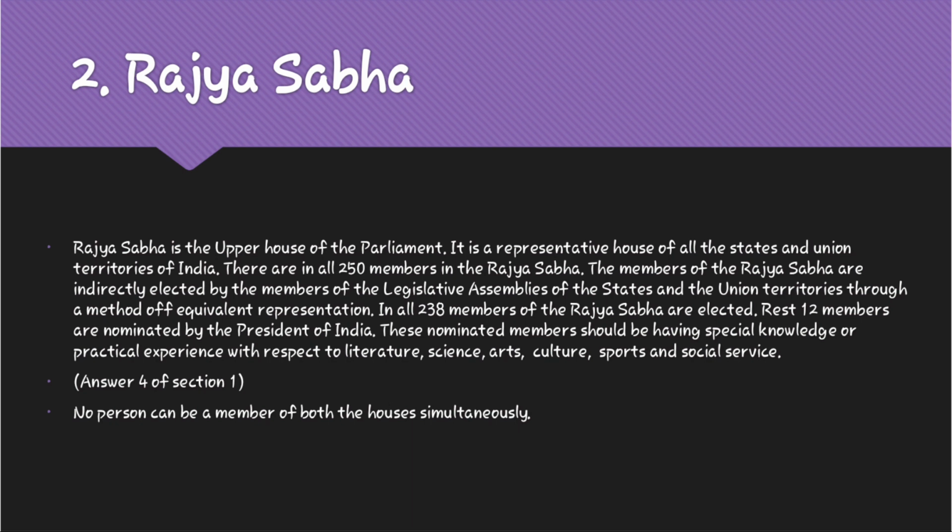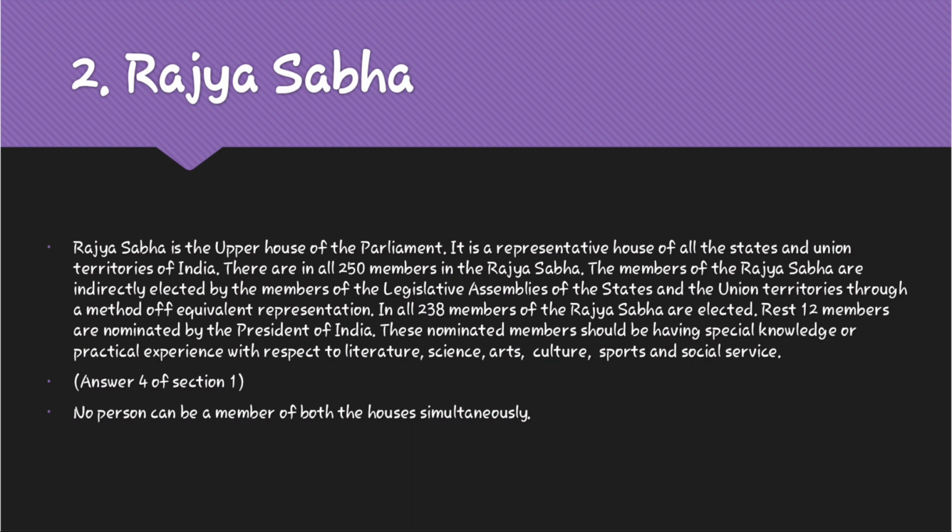Here I have a list of the nominated members to the Rajya Sabha at present. That is, one is Sri KTS Tulsi, another one is Sri Swapna Das Gupta, Dr. Subramanian Swamy, Dr. Narendra Jadhav, actor Sri Suresh Gopi, Mrs. Chatterjee.